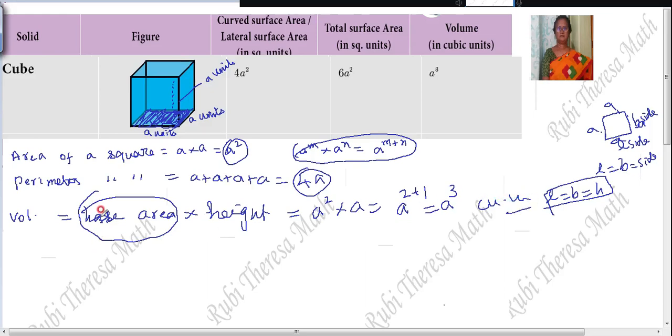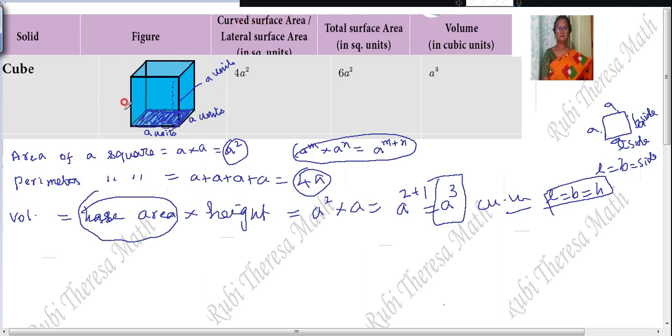So volume is nothing but base area into height. Just see what is the shape of the base area, then you write that, then height. So A cube.